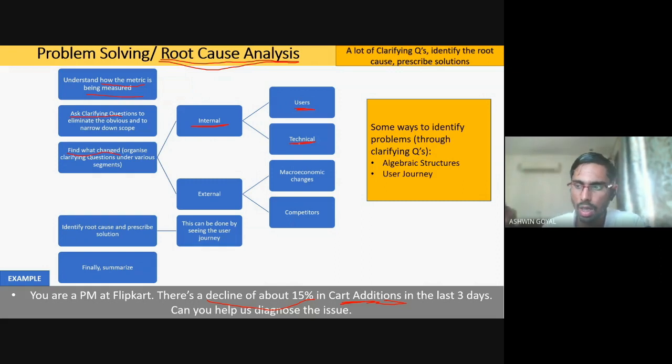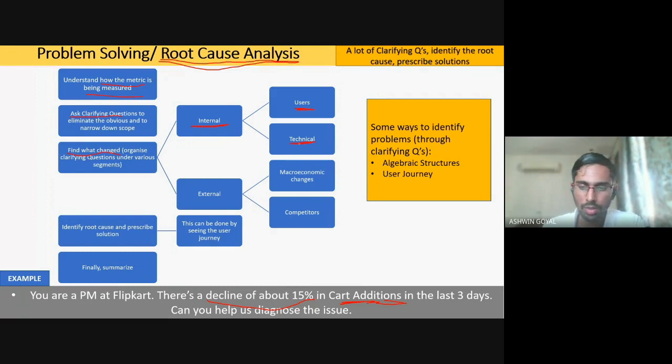Let's say I changed the color of the add to cart button, and now the button is not as discoverable as it was before. So in that case, the number of cart additions would naturally go down, right? Or let's say I changed the position of that add to cart button.